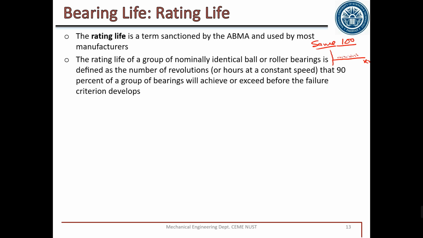After all the 100 bearings have failed, we check for the life after 10 bearings, count 10 bearings and mark a life here. This is the life where 10 bearings have failed and 90 bearings have achieved this first life. Sorry, so not here, here.